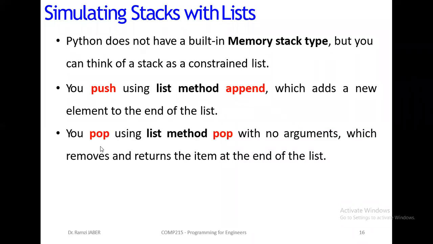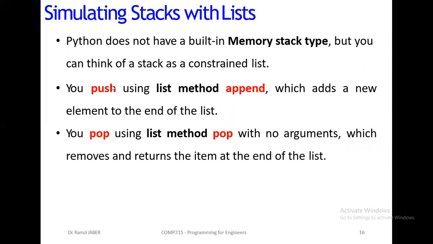Pop. The pop in a memory stack exists in Python the same way, with no argument, and removes and returns the item at the end of the list. So in a list or inside a memory, when I want to add something, we call it push; when I want to remove it, we call it pop.